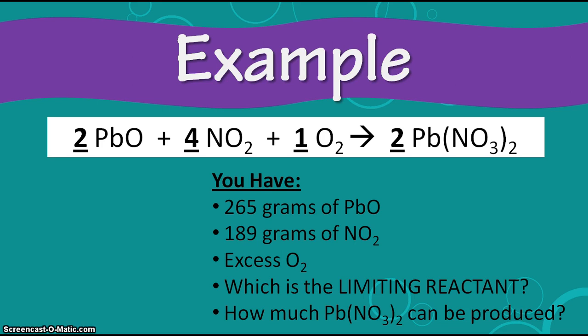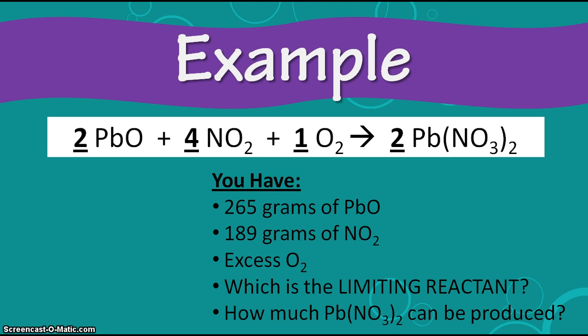Well, let's assume that you have 265 grams of lead oxide and 189 grams of nitrogen dioxide. Now, oxygen, which typically comes from the environment or the air around us, is usually in excess because there's plenty of it around, so it's not going to usually limit the reaction.